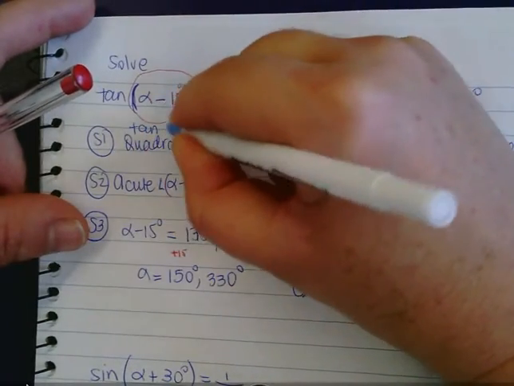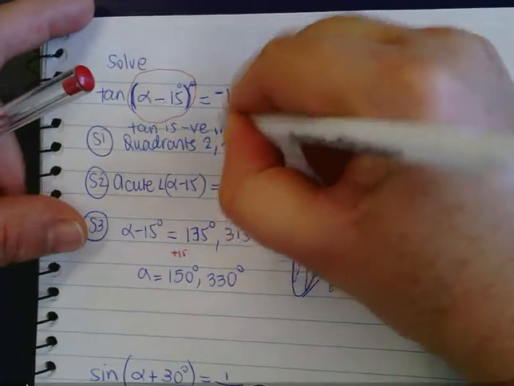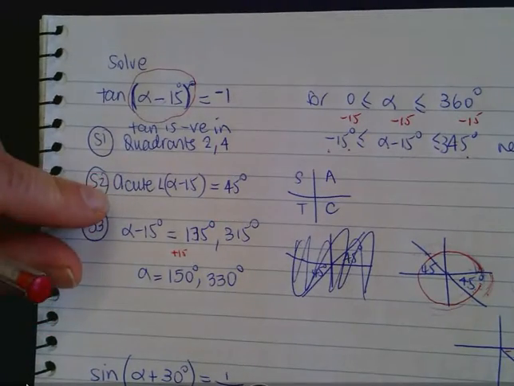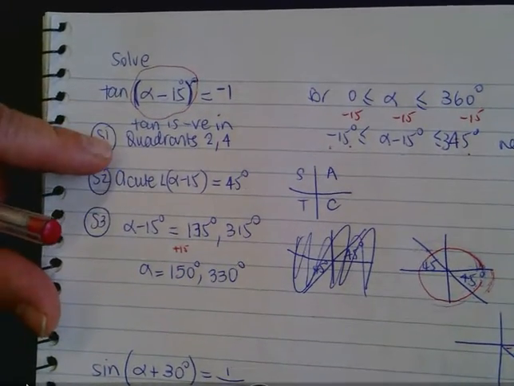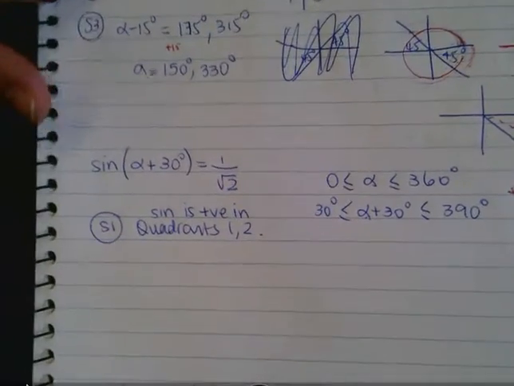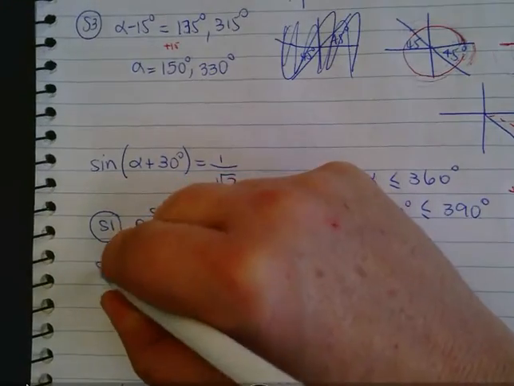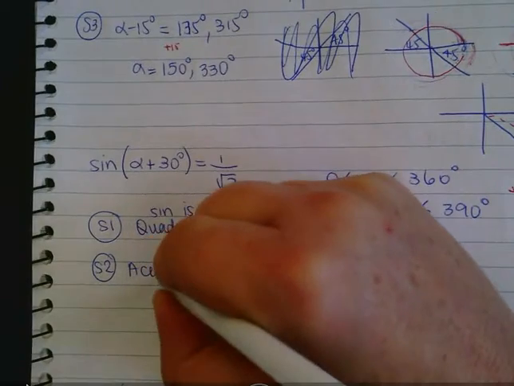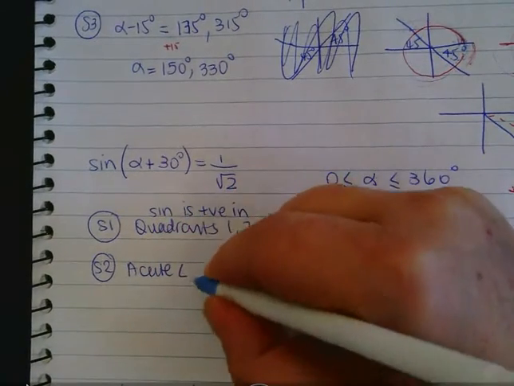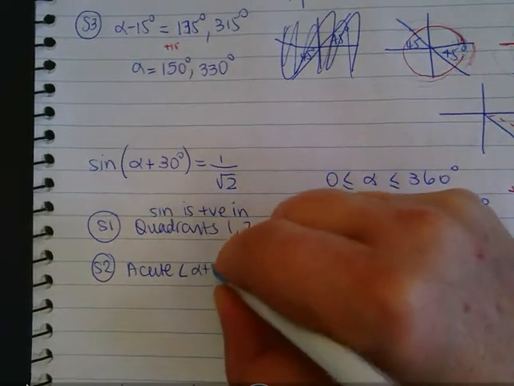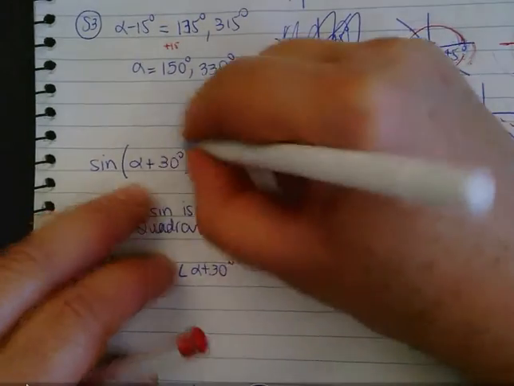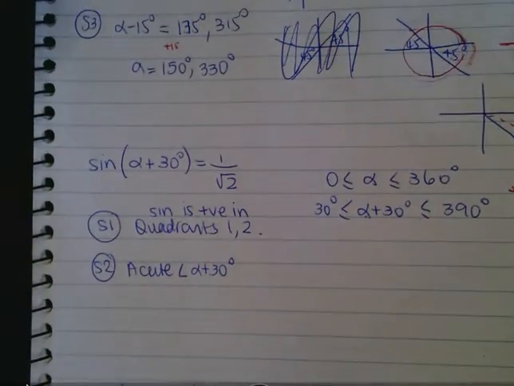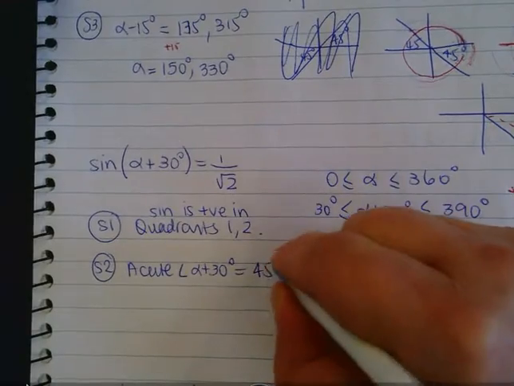I should have written up here, tan is negative in... but you don't have to, that's what we were doing. Now what do I do? What do I write? Acute angle what? Is it alpha or alpha plus 30? Yeah, because I'm saying sine of what is 1 on root 2? What is it? 45 degrees.